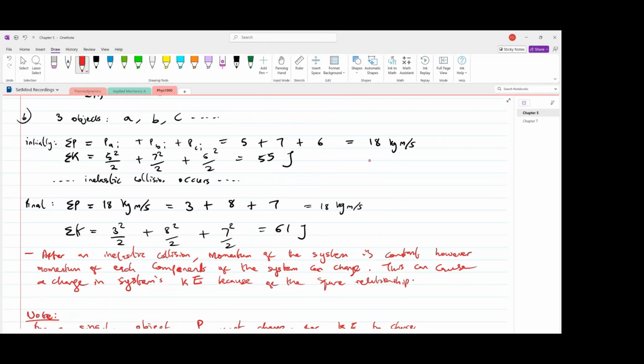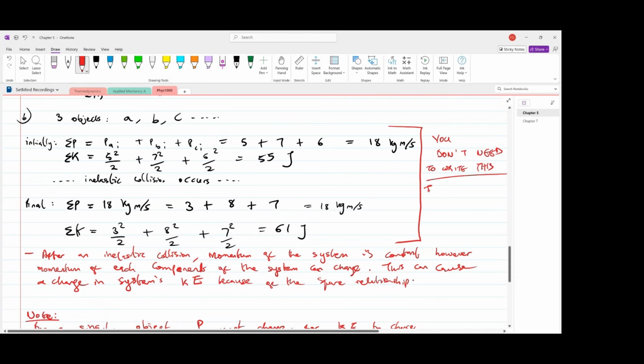When you're doing a test, or even when you're practicing, you don't need to write this, right? This is just a scenario for illustrative purposes.